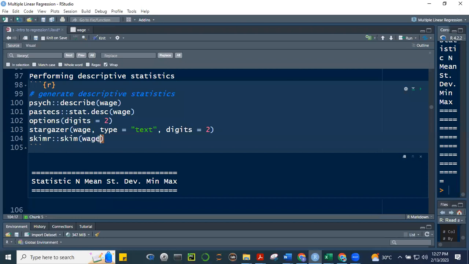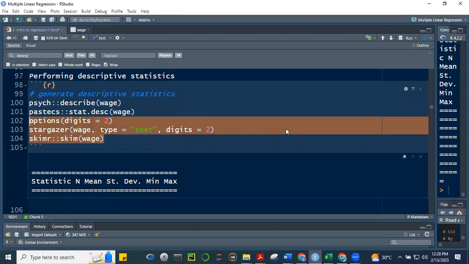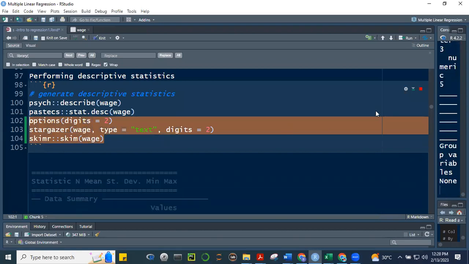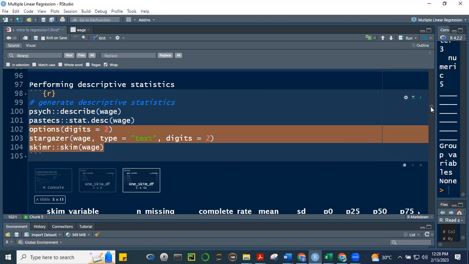So if we include this using the skimr package, skim of wage, highlight these three, control enter. Then what happens now?